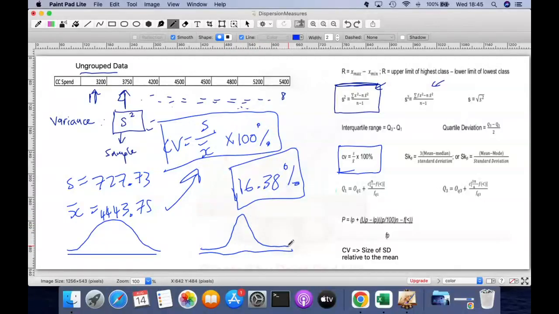So here, this S is much smaller. Let's say this S is 3, this S is 10. They both have the same average, sitting around 60, like that example I gave you earlier.